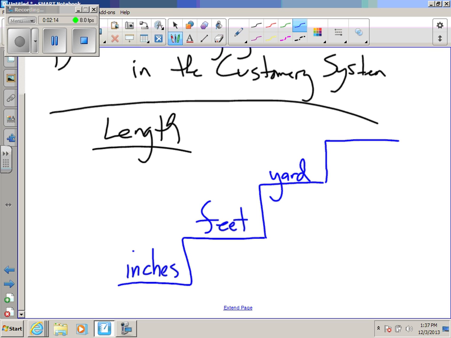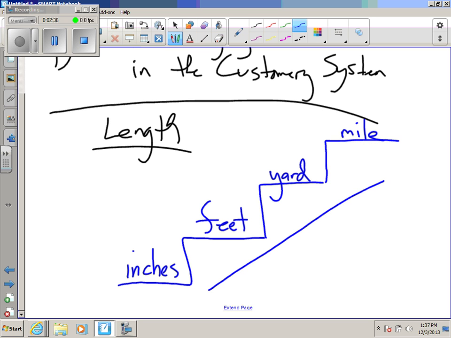And from yards, the biggest one we have for customary system, Brandon, miles. Okay? Now, I like to use this step system, knowing that when I'm doing my conversions, I can refer to it with a plan.